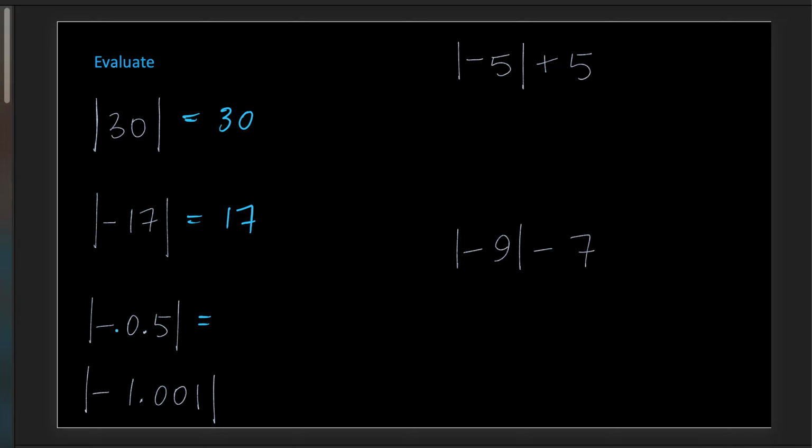Evaluate the absolute value of negative 0.5. So that'll just be 0.5. Here's another decimal number. Evaluate the absolute value of negative 1.001. That will equal positive 1.001.